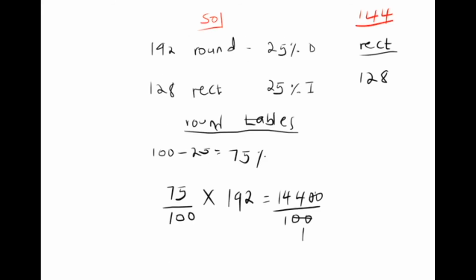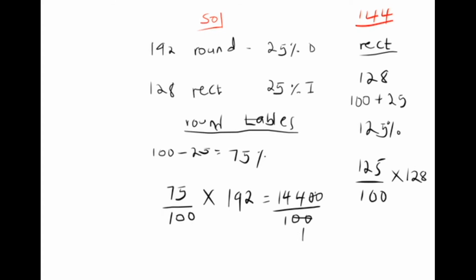Therefore, if it increased by 25%, the new percent would be 100 plus 25, which is 125%. 125% can also be written as 125 over 100 of, which means multiplication, 128.